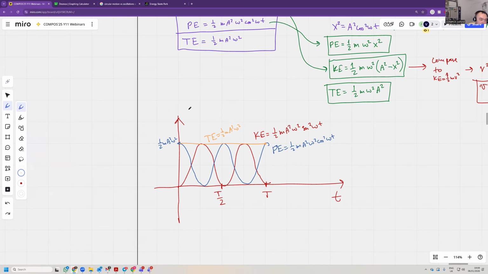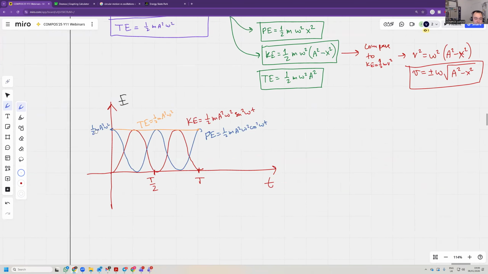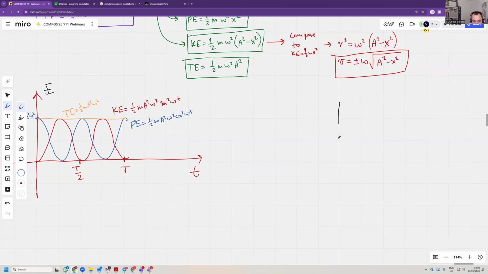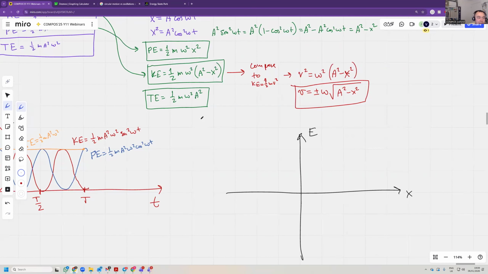It's also useful to draw energy versus x, the position. And you can see that the potential energy is a quadratic function of x. So potential energy is proportional to x squared.